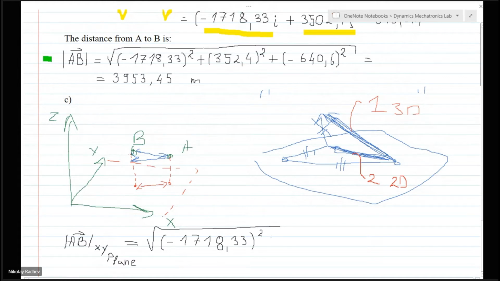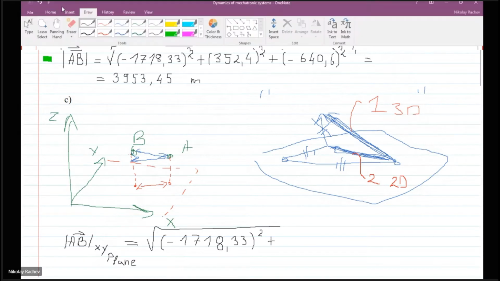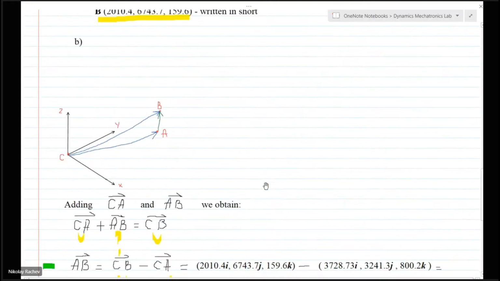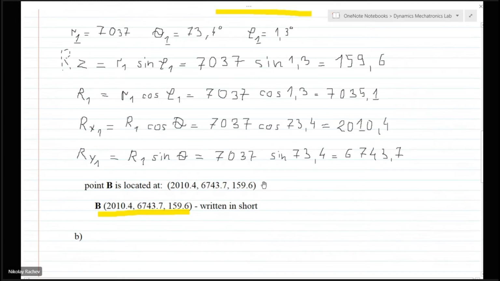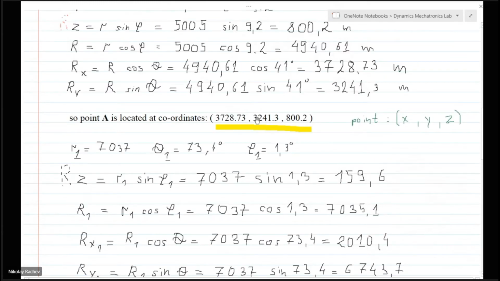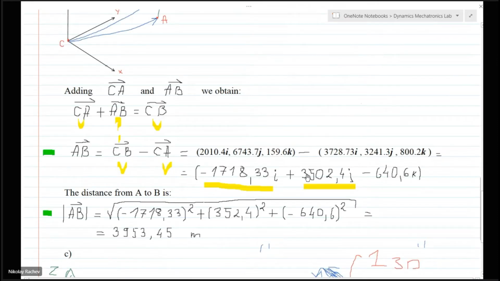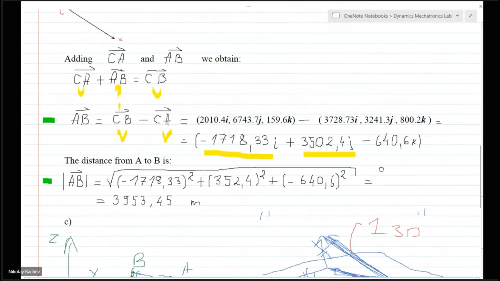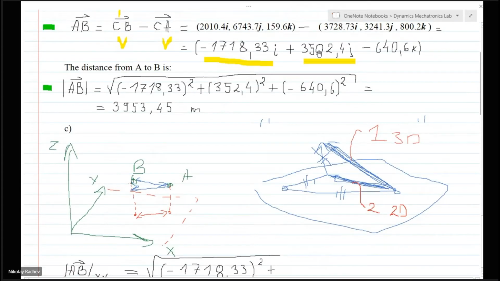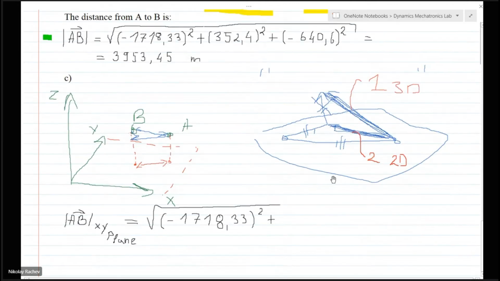Plus the same applies for the second, for the y, and it is 3,000 something, 6,000 and something. But we did that calculation and 3,502.4 was the result.